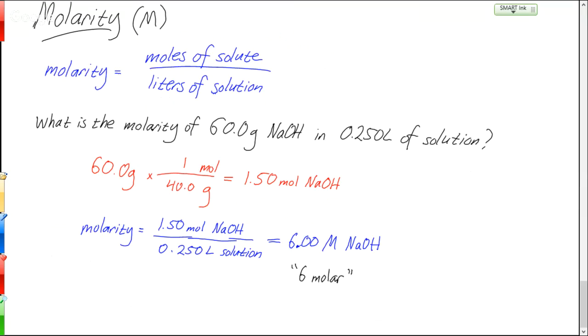So that's an extra step to calculate if we're given a mass, but it saves us a step if we're then going to use that in a reaction, because we already have the moles. So we know, for instance, if we have a 6 molar solution, that every liter of solution gives us 6 moles of sodium hydroxide. So we can always easily figure out how many moles of solute we have in this kind of a calculation.